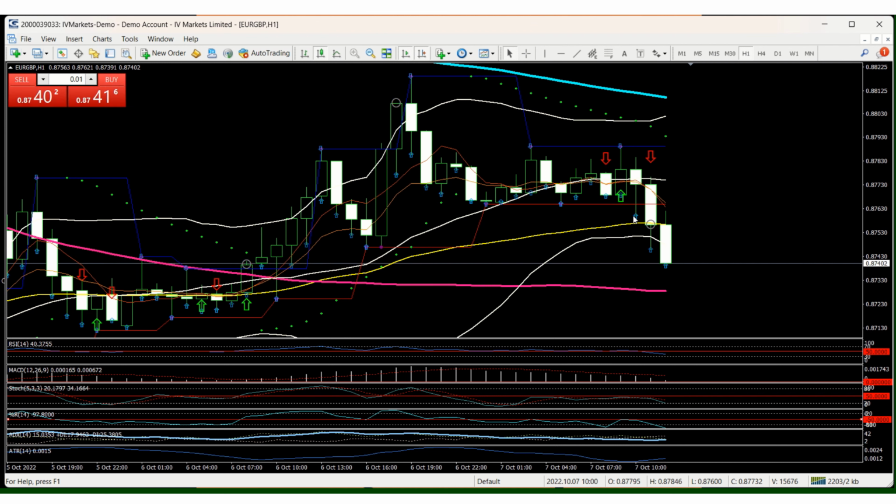Again we can see this yellow line, pink line, and this moving average 200. I will not be saying it as yellow, pink and blue. You need to understand that it is the moving average 50, 100 and 200.